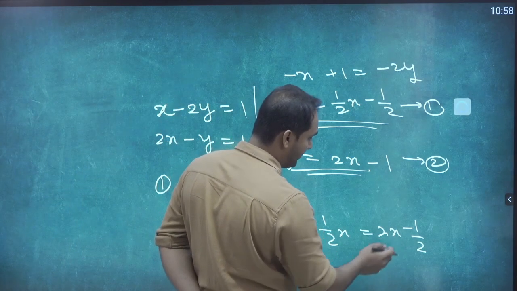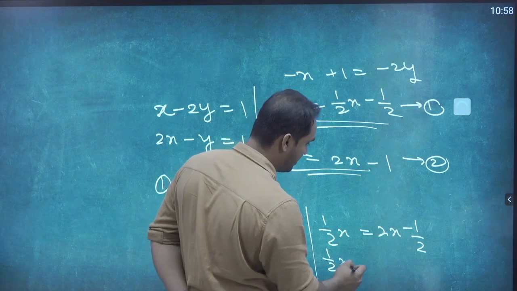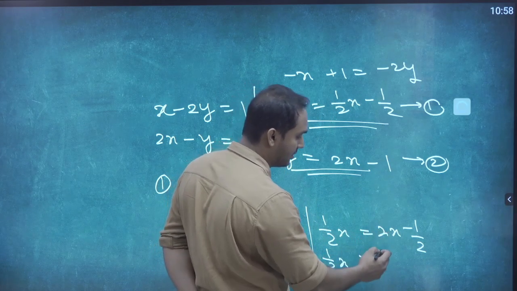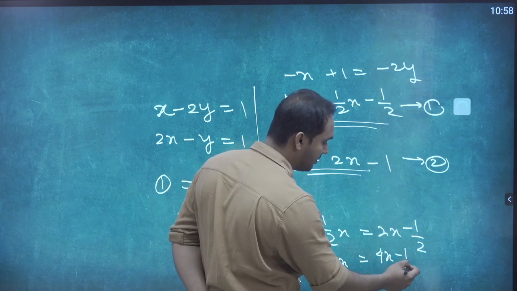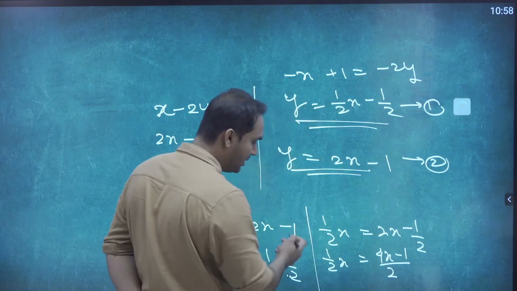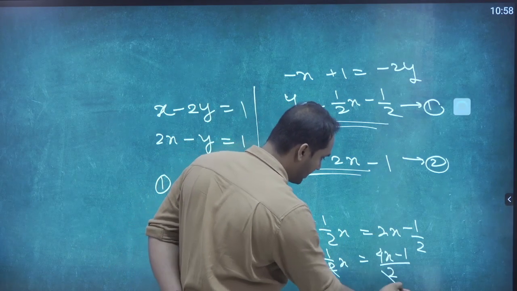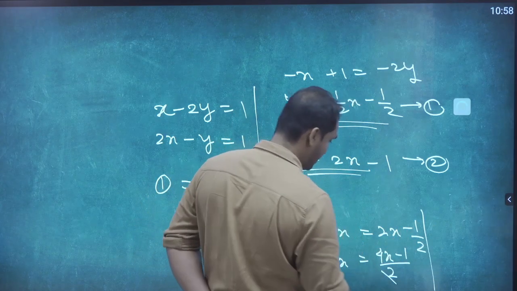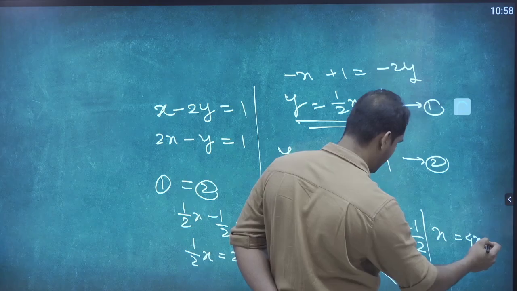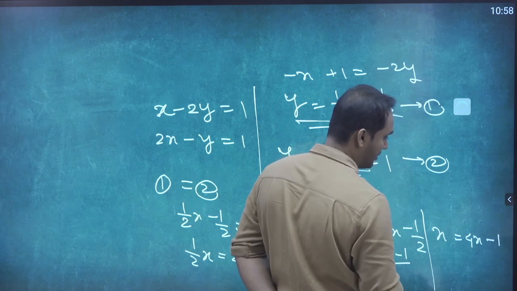Again you have to simplify this one. Half x equals 2 times 2x is 4x, so that will be 4x minus 1 over 2. Now cross multiply, so this will cancel out. So x equals 4x minus 1.